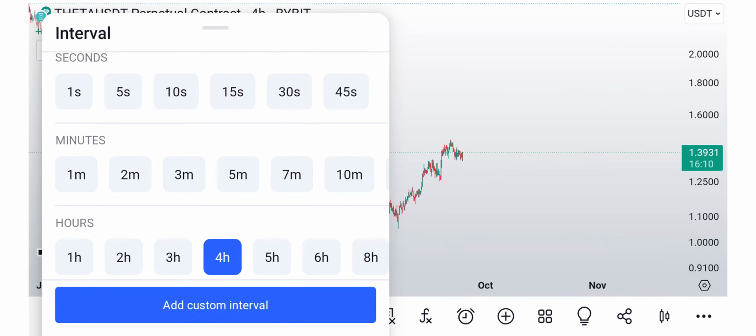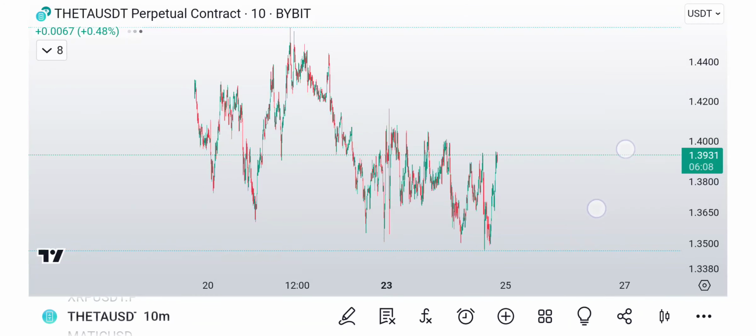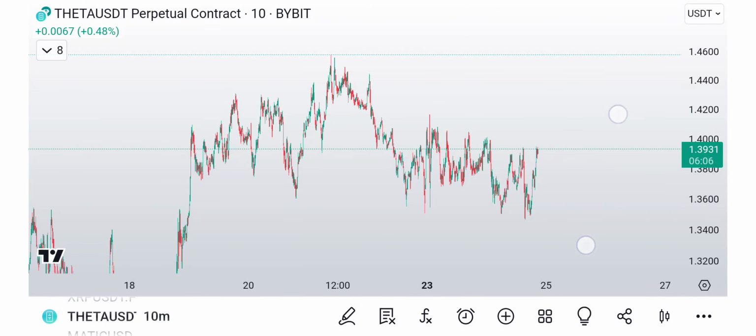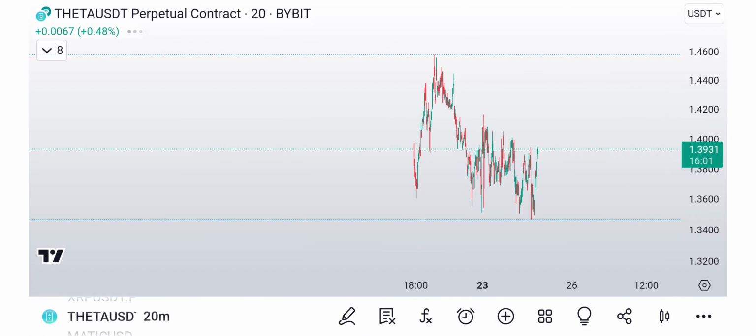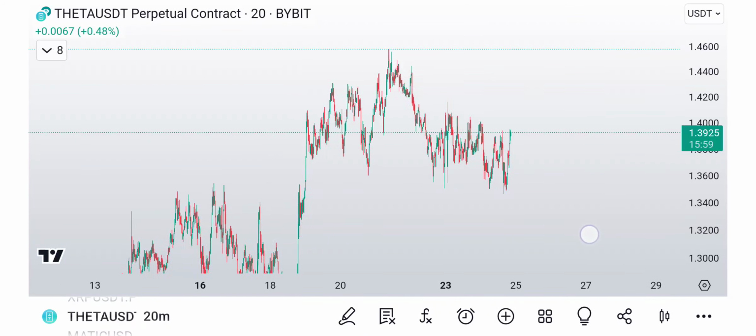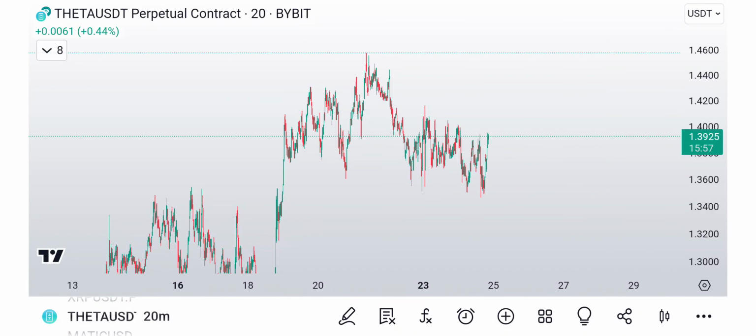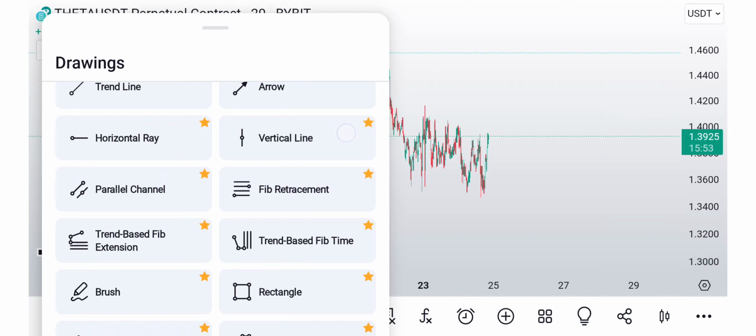Now, if I look at the 10-minute chart, it's a little bit messy. It's not finished yet. I'm not sure.